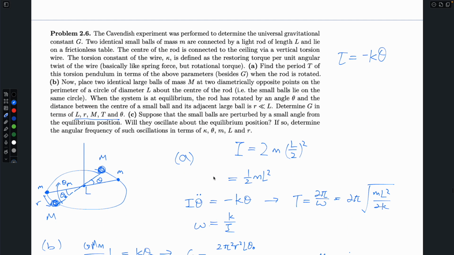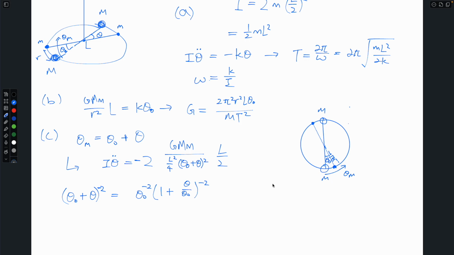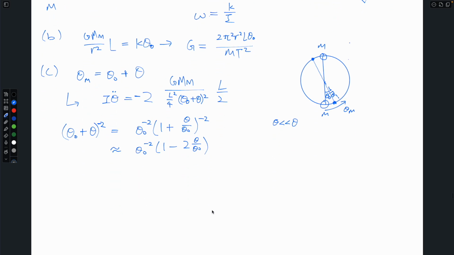Here we're assuming a small angle from equilibrium position, so theta is much, much smaller than theta naught. So we can use the binomial expansion here, and I'll expand it up to first order: 1 minus 2 theta over theta naught. Okay, so this is just the binomial expansion.